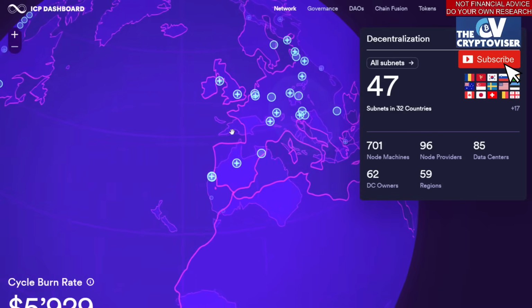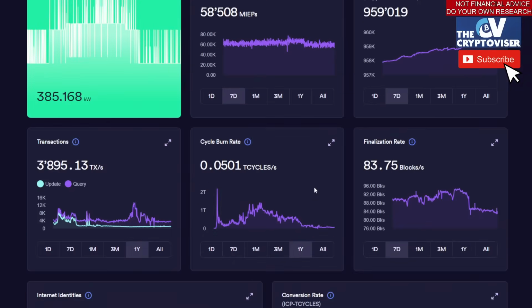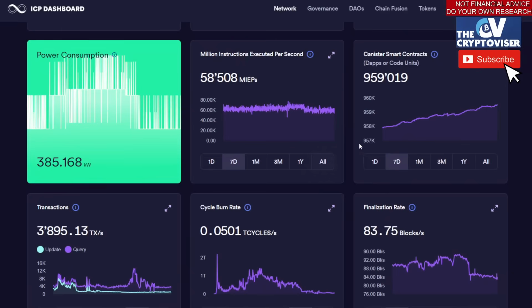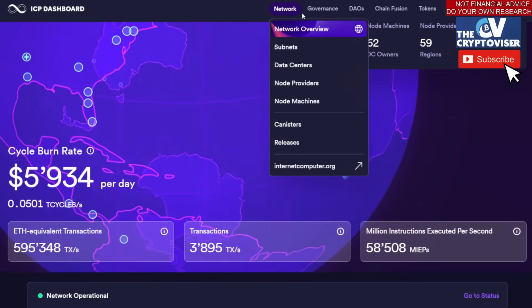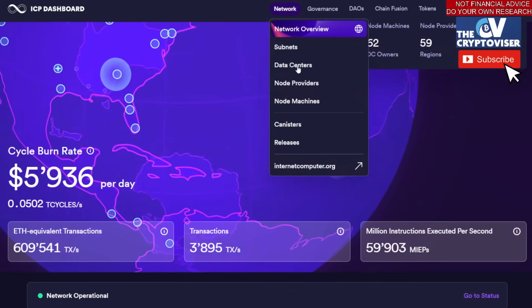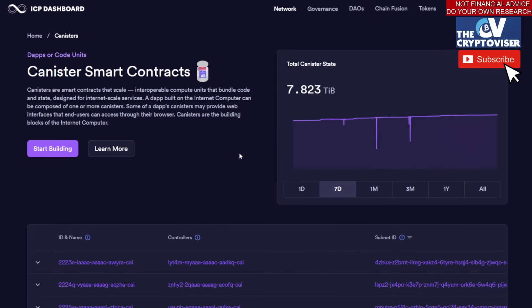capabilities to double. Let's see if we can find that actual metric here on the dashboard. But basically, the size of the canisters was doubled in the last, I would say, month or so, which basically enables more to be stored on the Internet Computer ecosystem.